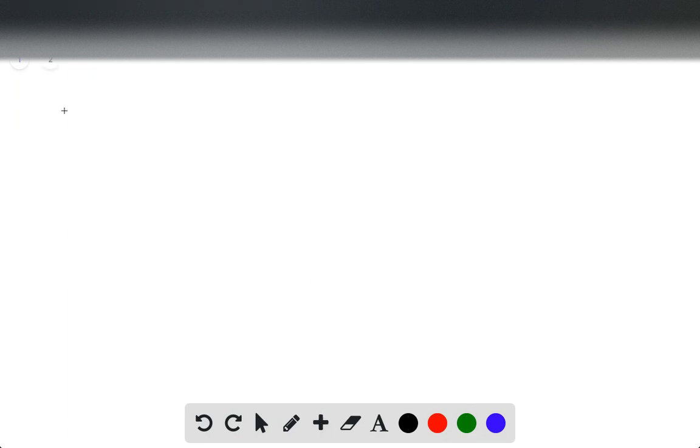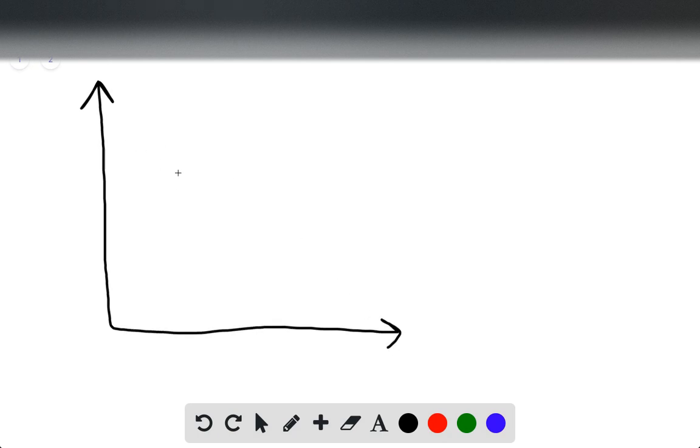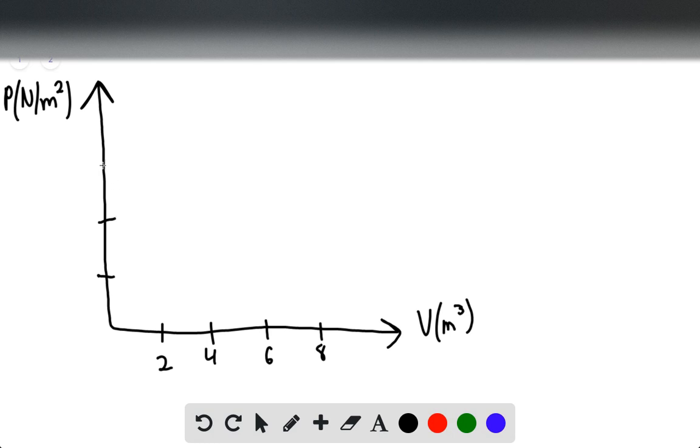So let's get a new workbook and say that we have pressure here. This is going to be in terms of Newton per meter squared, and then we have volume here in cubic meters, and we'll just put some quantities 2, 4, 6, 8, and then we can have 100, 200, 300, 400.